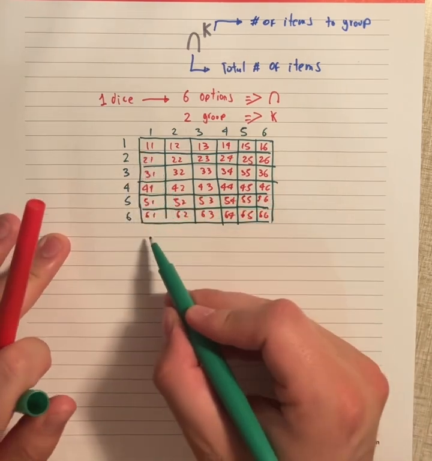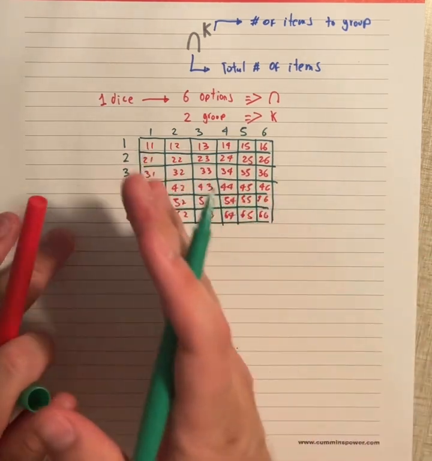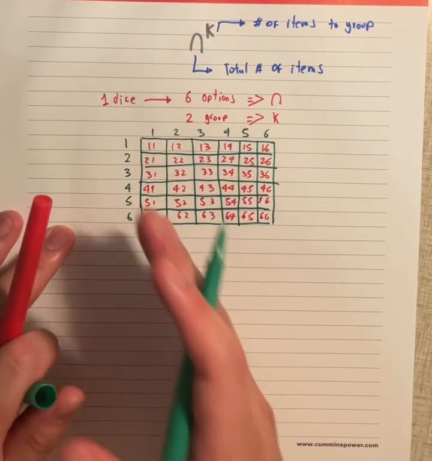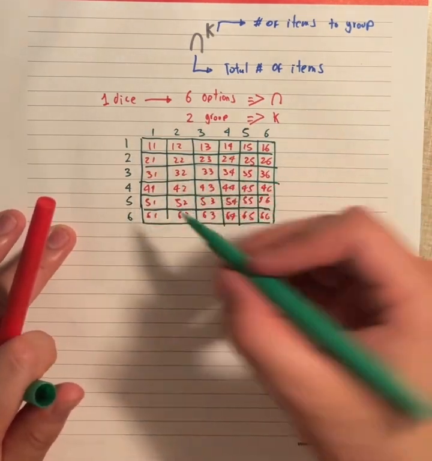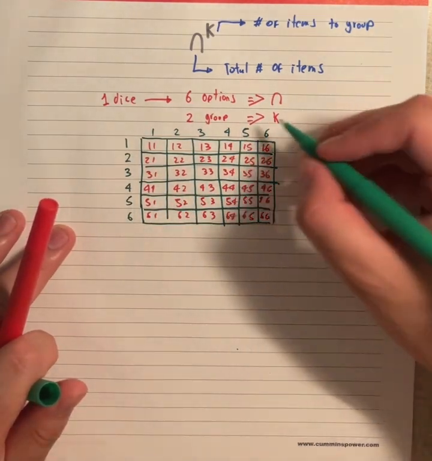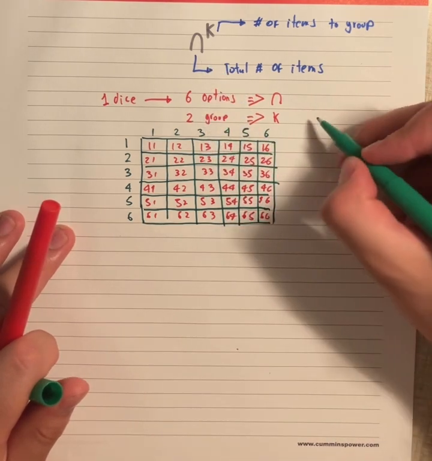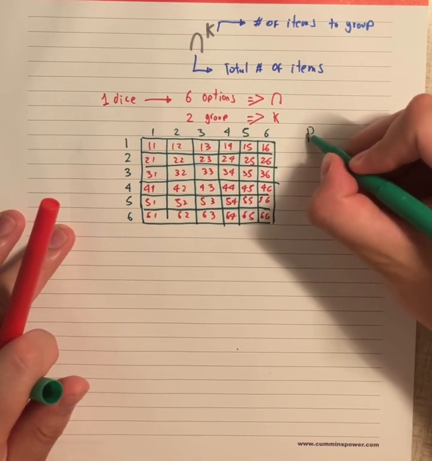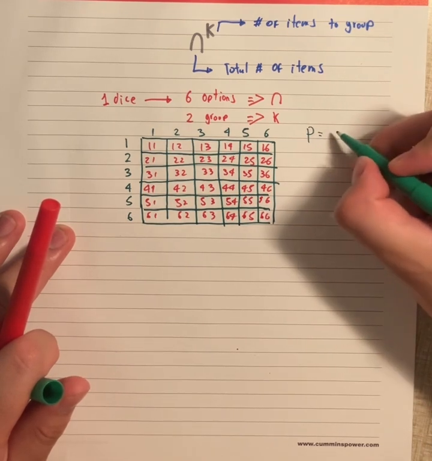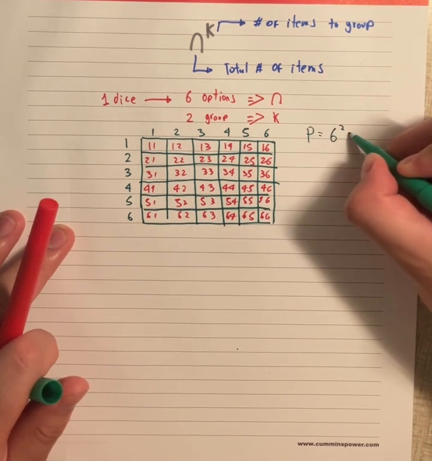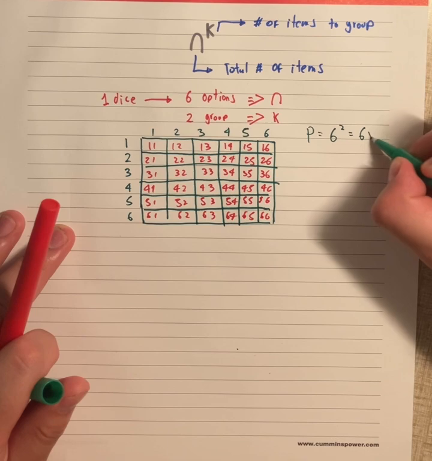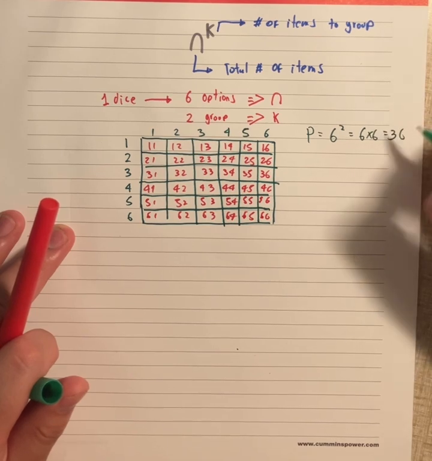This is 6 times 6. That's the nice thing, and the reason is that our n is 6 and our k is 2, so the permutation is equal to 6 to the 2, which is 6 times 6 equals 36.